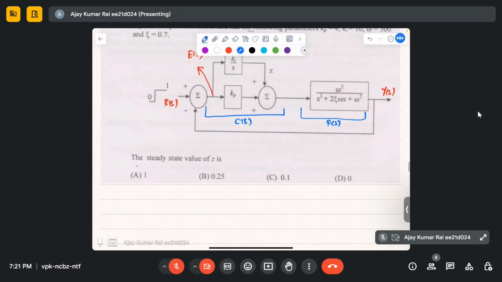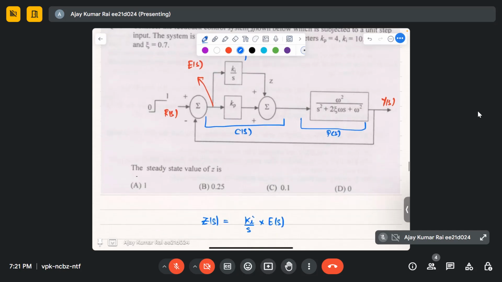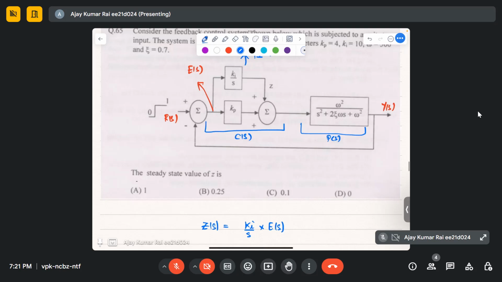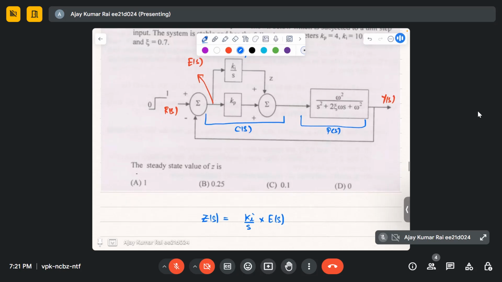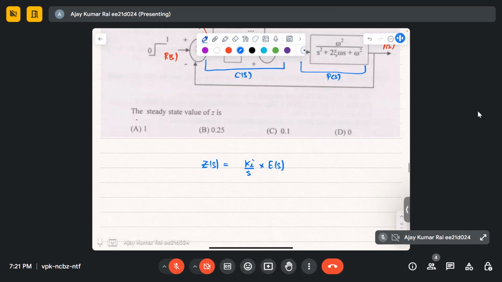So what is Z of s? Z of s is Ki into s into E of s, right? We need to find the steady state value of z, that's fine. But Z is equal to Ki by s into E of s, right? We need to find the steady state value.